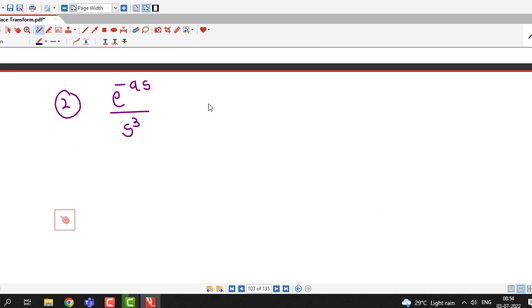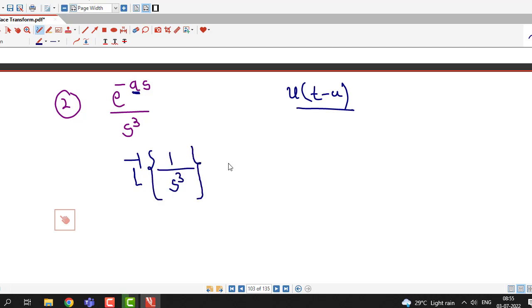Here, if we compare with e raised to minus as, the value of a is a itself, so unit step function will be at point a, and we have to first decide what is L inverse of 1 over s cube, which is multiplied with e raised to minus as, and we know that this is given by t raised to 3 minus 1 divided by 3 minus 1, that is 2 factorial, and this is t square divided by 2.